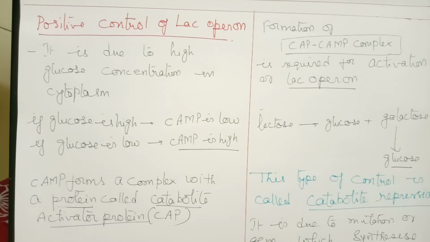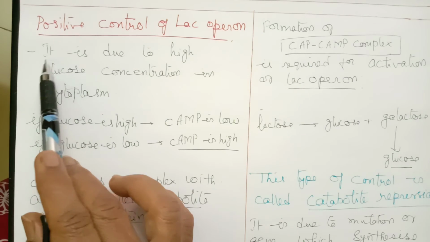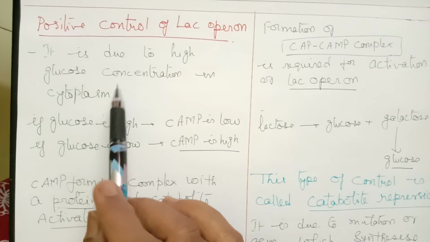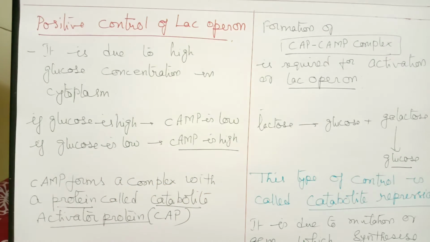So let us see what is positive control of Lac Operon. Positive control means it is the glucose which is controlling the regulation of Lac Operon. So briefly, in an understandable way, I am going to give this.